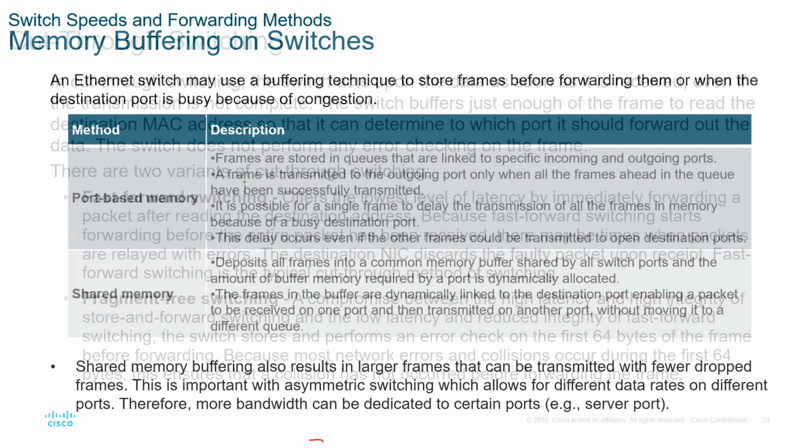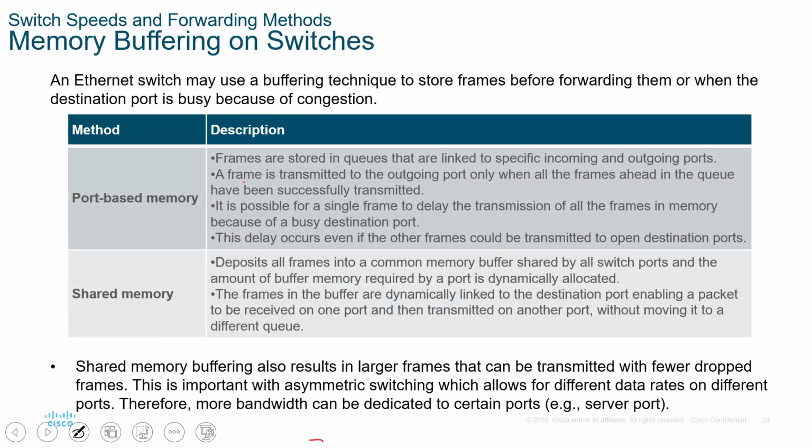Okay, now what does memory buffering on switches mean? An Ethernet switch may use a buffering technology to store frames before forwarding them, or when the destination port is busy because of congestion. So we have what we call port-based memory, meaning that there's memory in the port itself. Frames are stored in queues that are linked to specific incoming and outgoing ports.